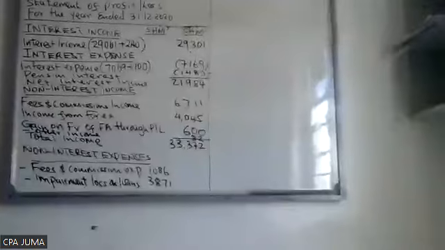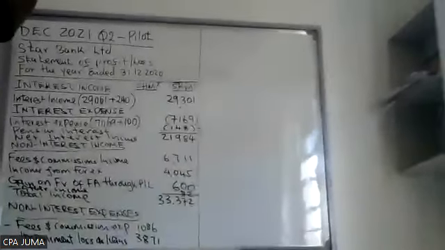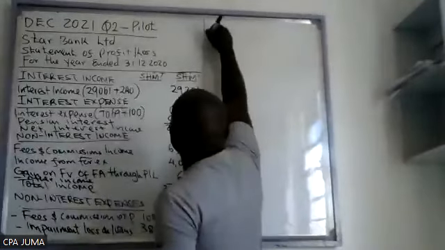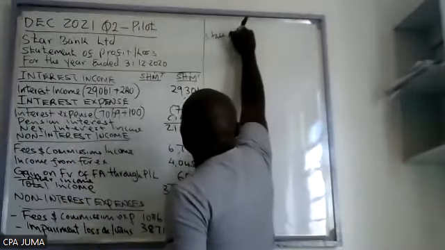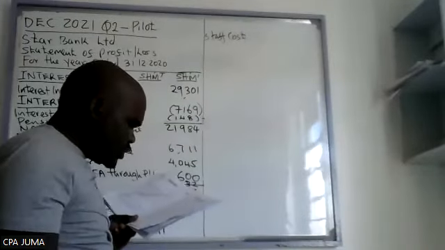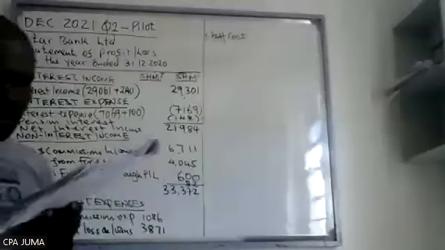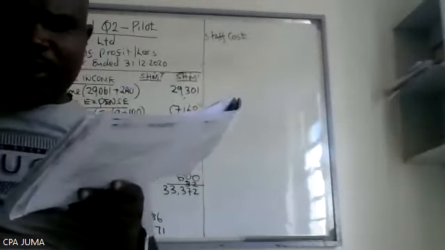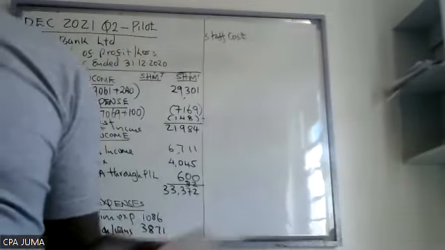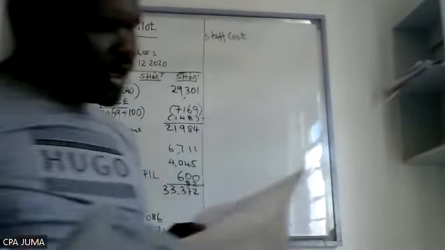So staff cost. Staff cost, where is staff cost? Staff cost is 11,184. But there is something I heard about staff cost, which we need to check.